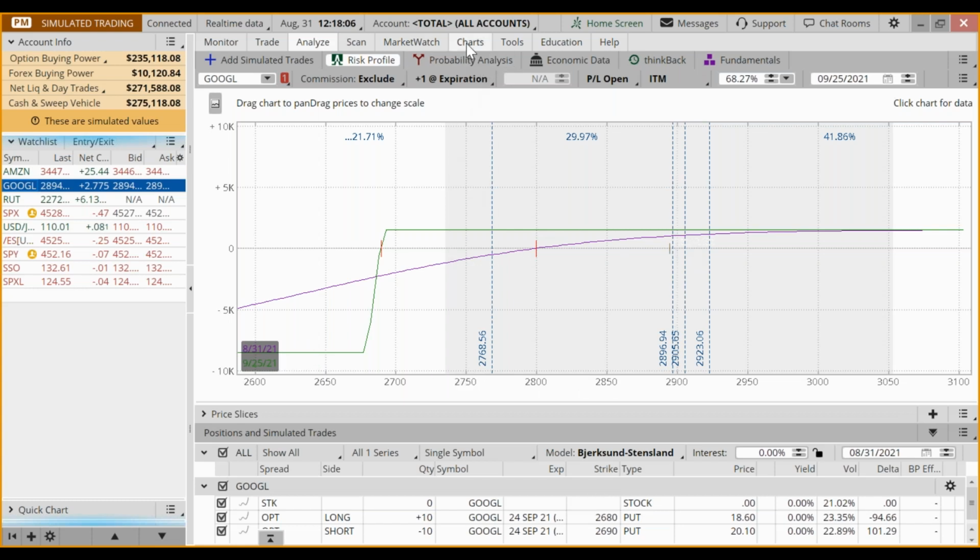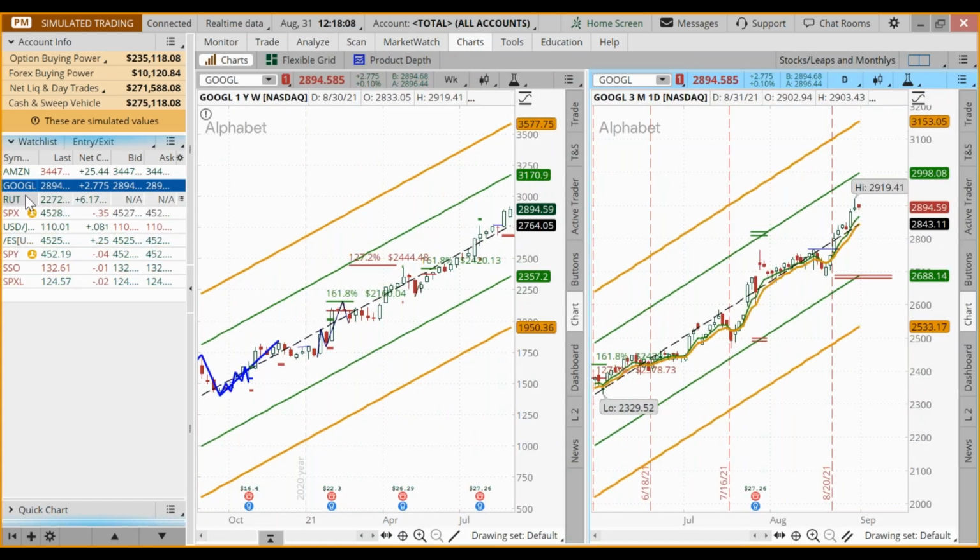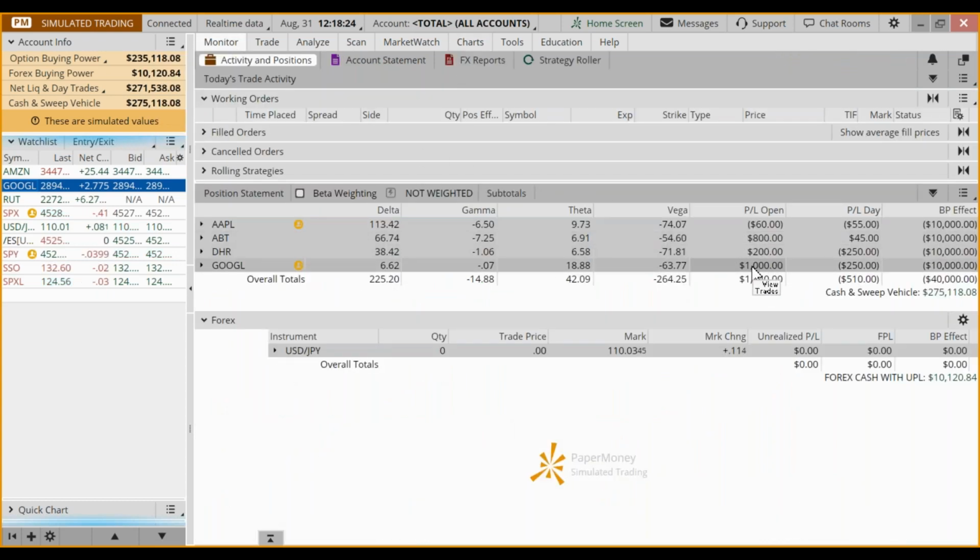So I come back over here to the chart on Google, and I take a look at this and I say, yeah, we got in on a measured move. It's been going straight up. The 5's over the 8. It looks really good. We've made most of the money.